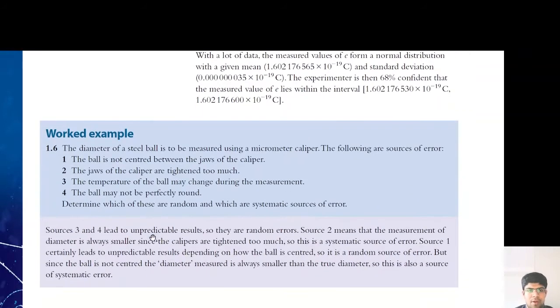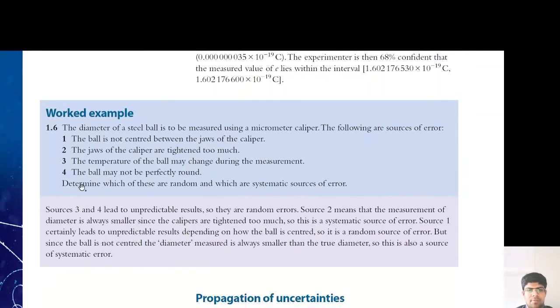Now we have a worked example here. The diameter of a steel ball is to be measured using a micrometer caliper, like the vernier calipers, I think. The following are sources of error. One, the ball is not centered between the jaws of the caliper.